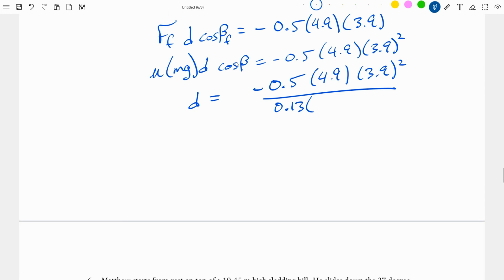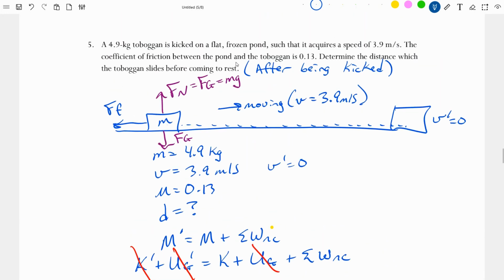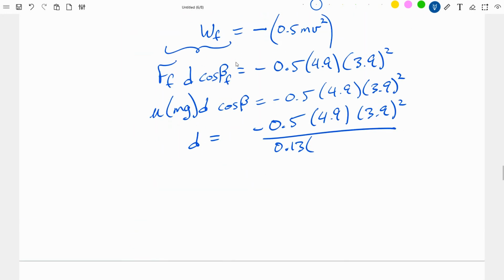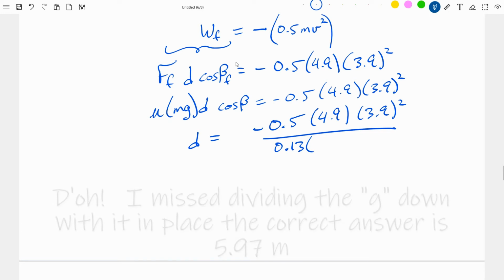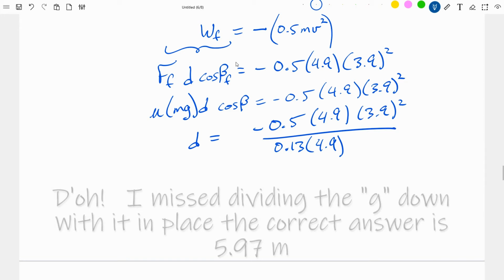M was 4.9. Oh yeah, because we already had that here. Yes, okay, the mass would have canceled. See, and again, it's little things like that. If I had kept it algebraic a little bit longer, I would have seen that a little sooner. The masses will ultimately cancel. So this is a bit of a botch up on my part, but it's probably okay. So there's the distance equal to that.